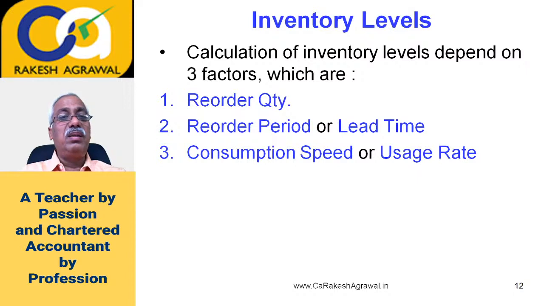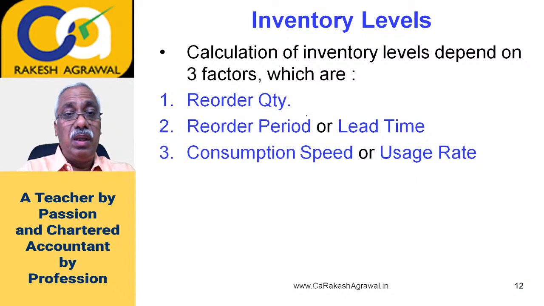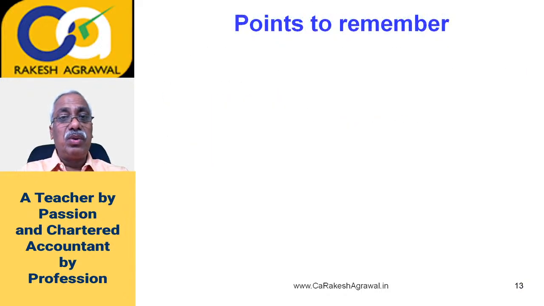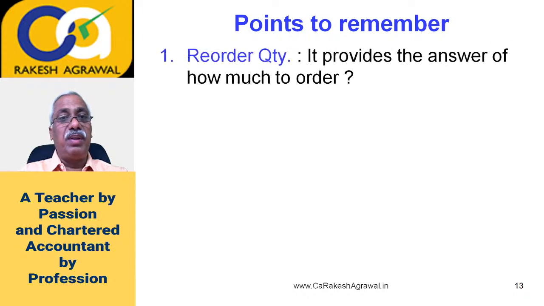Now I have seen that there is a general confusion among the students about reorder quantity, reorder level, and reorder period, because they sound similar, but technically they are different. So let us see what is the difference between the three. Reorder quantity provides the answer to the question, how much to order.